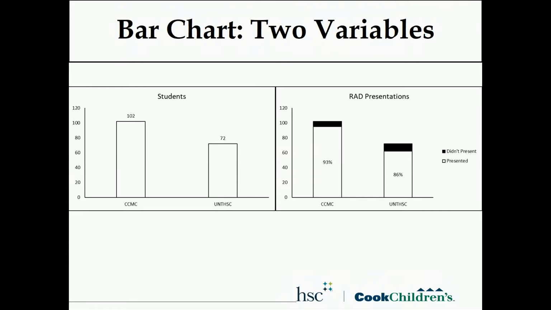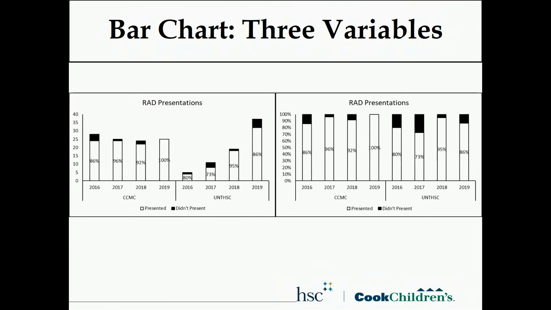That's not super informative. You could basically just present that in a sentence and it would tell you as much information. The right one's a little bit better because while it still gives the total number of students, it also uses shading, this stacked column chart, to indicate how many students presented and how many didn't. And I've even included the percentage who presented in there as well.